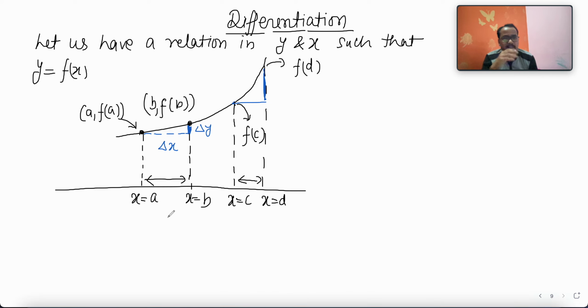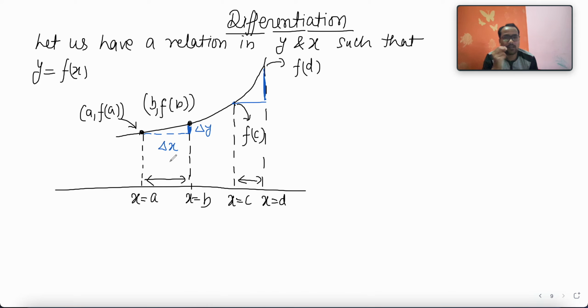Now if I ask in which part the rate of increment of y is more, then you can simply say in the second part y is increasing more rapidly as compared to the first part.